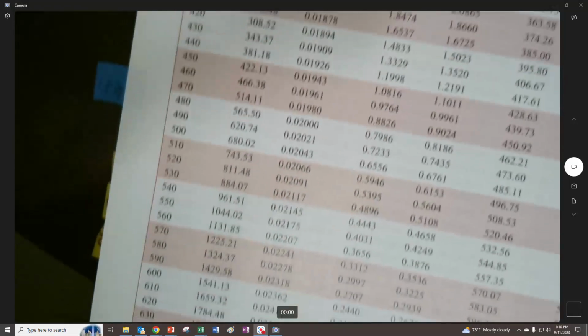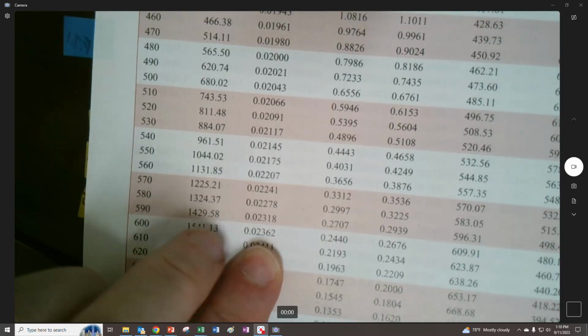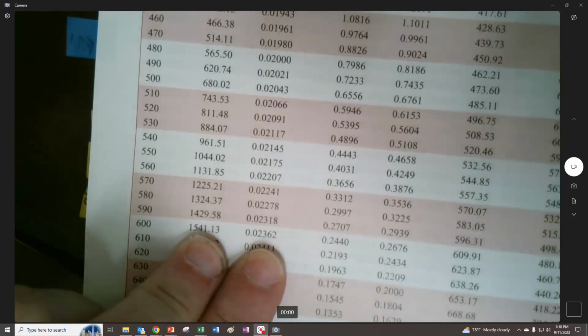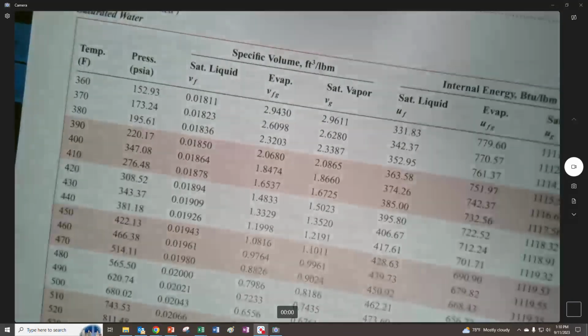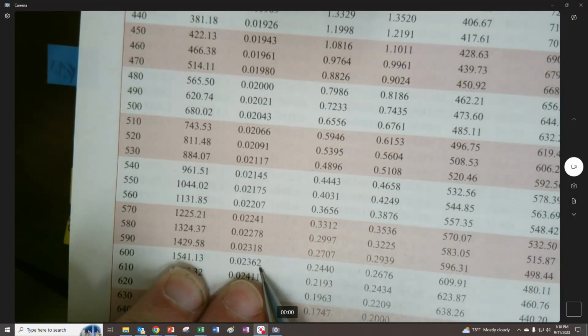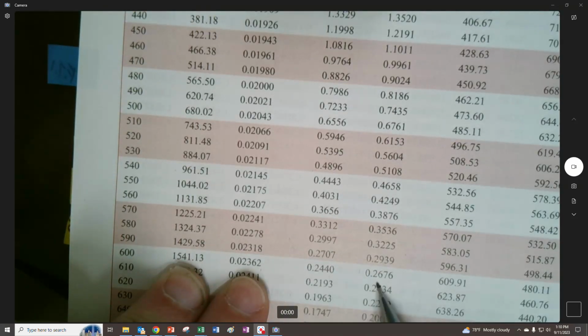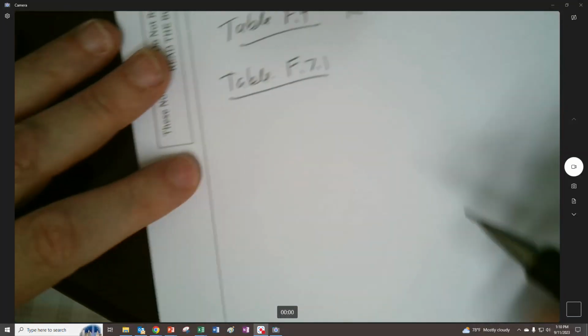Let's go to the next page here. 600 right here, so we come down this index to 600, and you'll see here's your pressure, here's your fluid volume, and here's your gas. So here you get 0.02376 and 0.2676. That means it must be superheated.